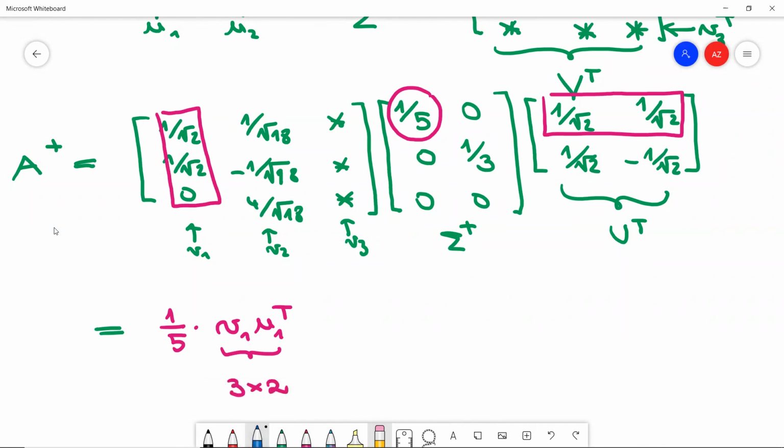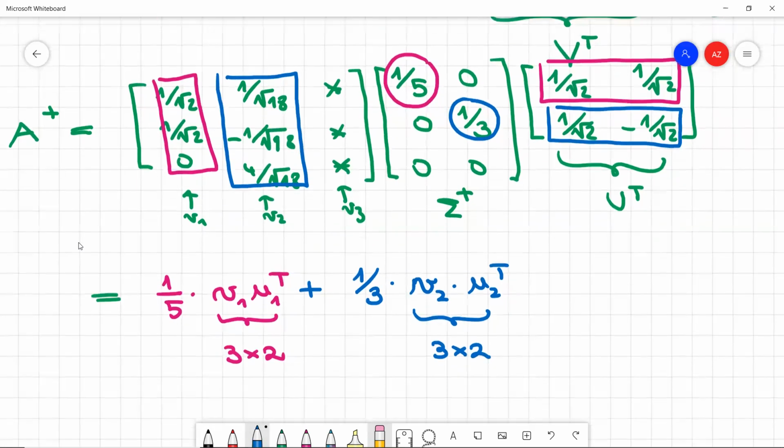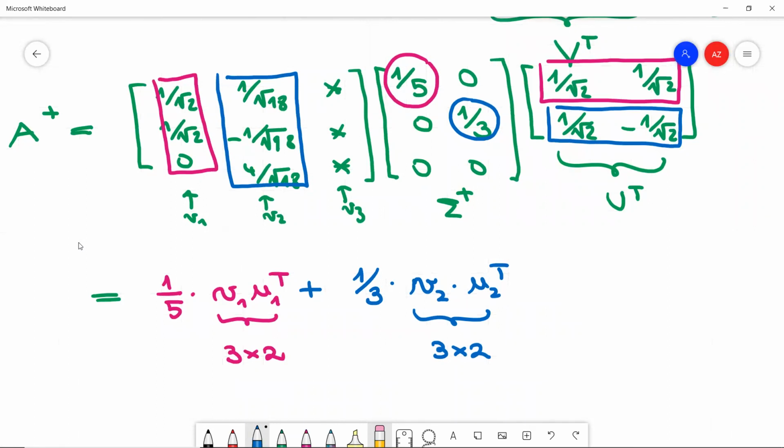And then we take the other singular value 1 over 3, the second column of V and the second row of U transpose, and get plus 1 over 3 times V2 times U2 transpose. It's the second 3 times 2 matrix. Both of those matrices are of rank 1.